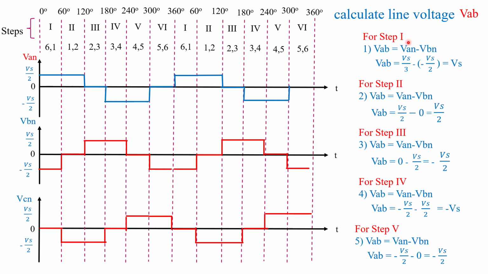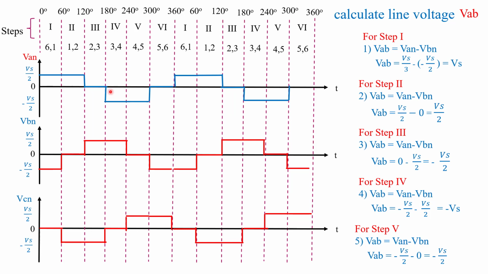So first we calculate the line voltage VAB. To calculate line voltage, we use the phase voltage waveform. For step 1, 0 to 60 degrees, see on the right hand side in the calculation, VAB equals VAN minus VBN. What is the value of VAN?